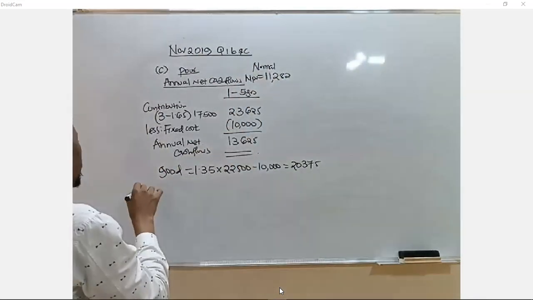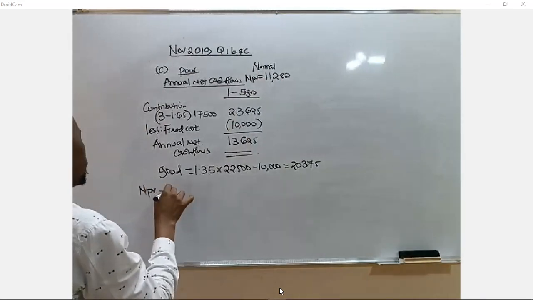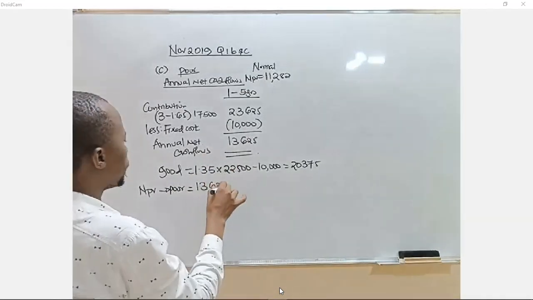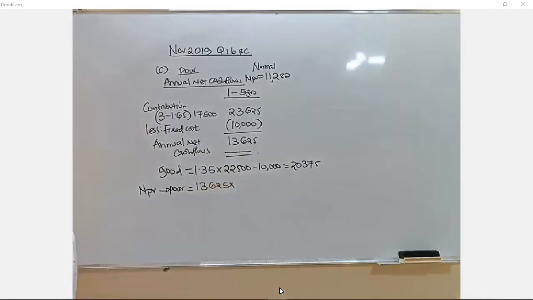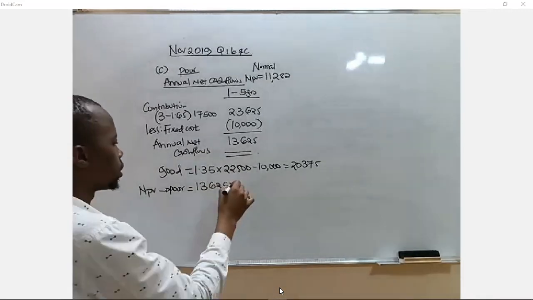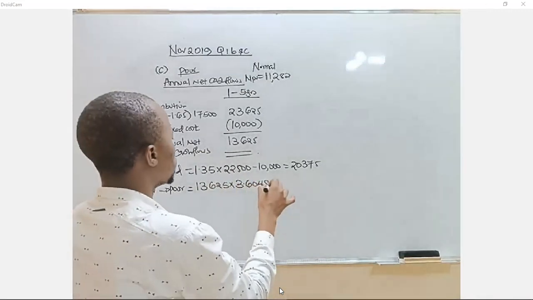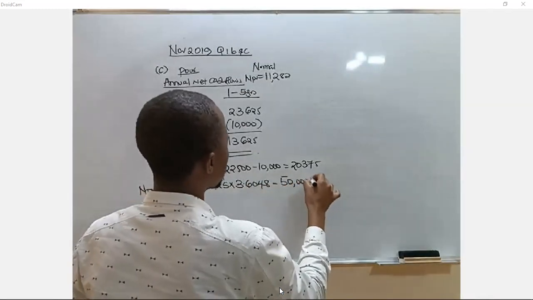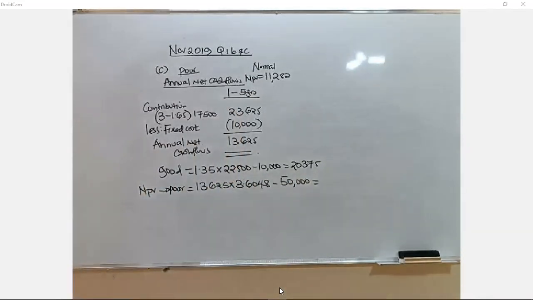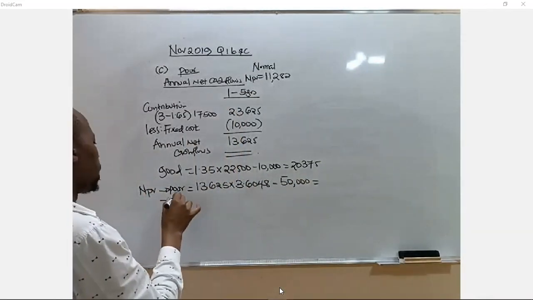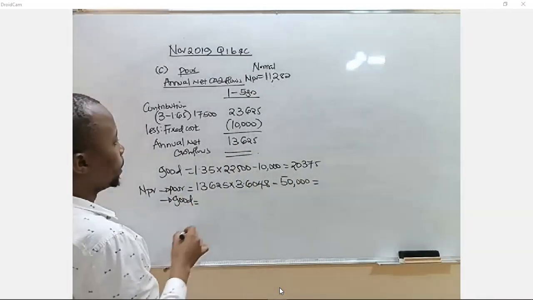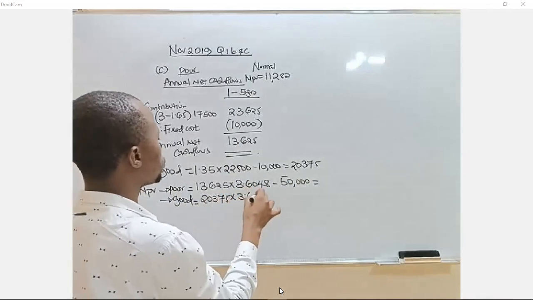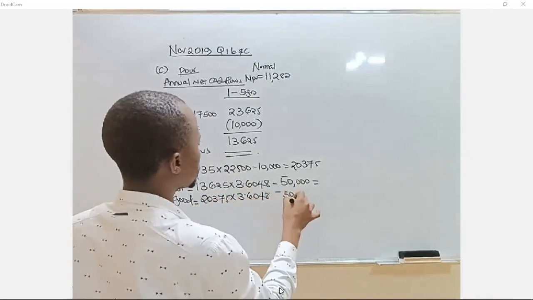Let us look on the NPV ya poor. For poor, it will be, nimechukua the annual net cash flow 13,625, right? The discount factors will not be changing. I just copy 3.6048. Najua unajua mahali imetoka. Minus our initial outlay, we were discussing about 50,000. Our initial outlay, which was 50,000. Now, when you look for the good now, it will be 23,750 times 3.6048 minus 50,000.